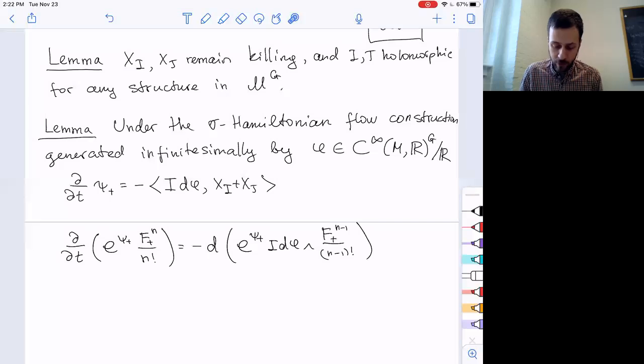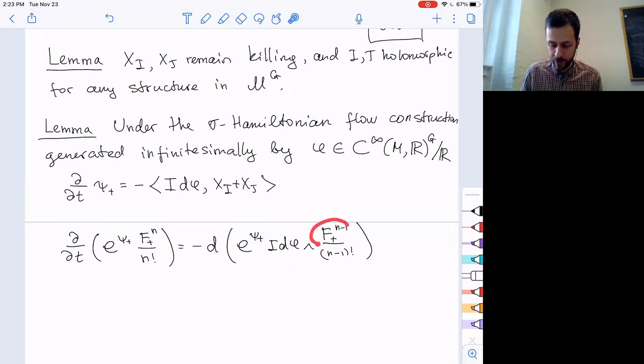And perhaps before mentioning this, I should of course underline that even though it is not immediately obvious, this thing is defined globally. It is defined globally under the assumption that this thing was defined globally, right?